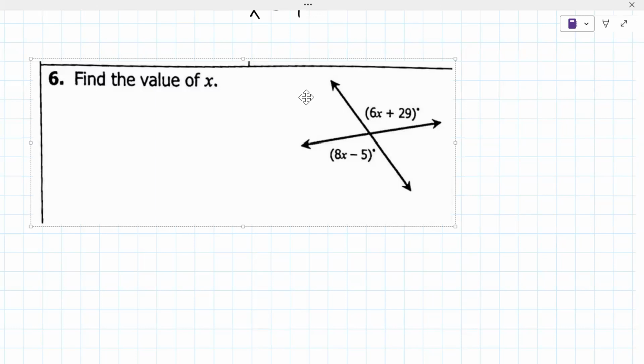So do I solve for x again? Yes, but how do you do that? What is it that you're setting equal? You do this x plus 29 equals 8x minus 5.